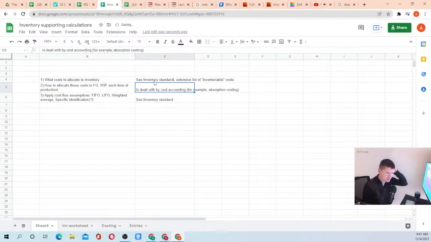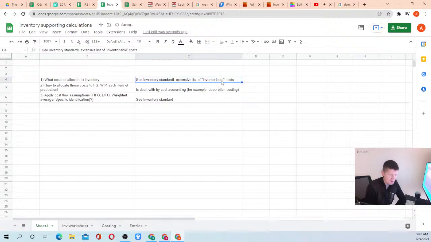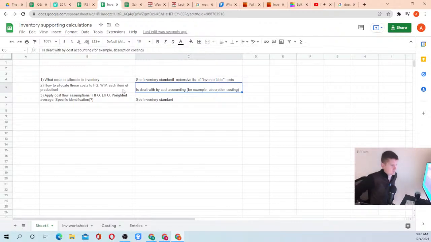So you exercise your judgment to determine what costs can be capitalized. Then you use cost accounting to allocate those costs to your different inventory items. If you have a simple inventory process and you just, for example, buy one product and sell one product, and you do not do any transformations with your inventory, you will still have to capitalize some inbound shipping.